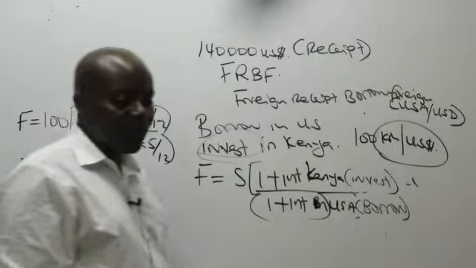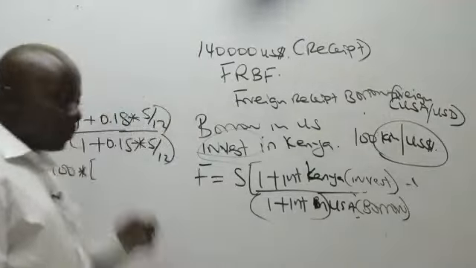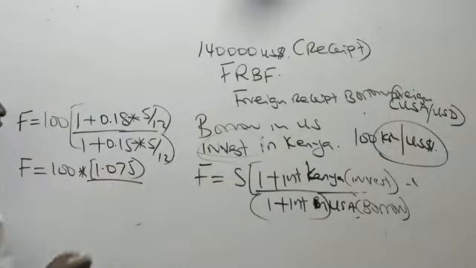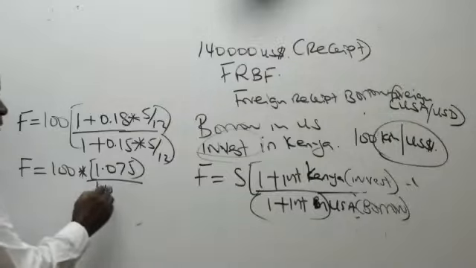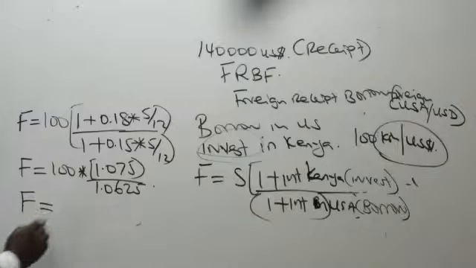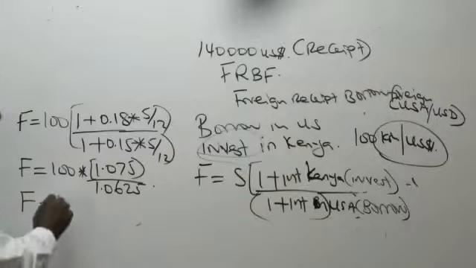The numerator is 1.075, all over the denominator, 1.0625. And therefore my F will be equal to what? Shem tells me it is 101.